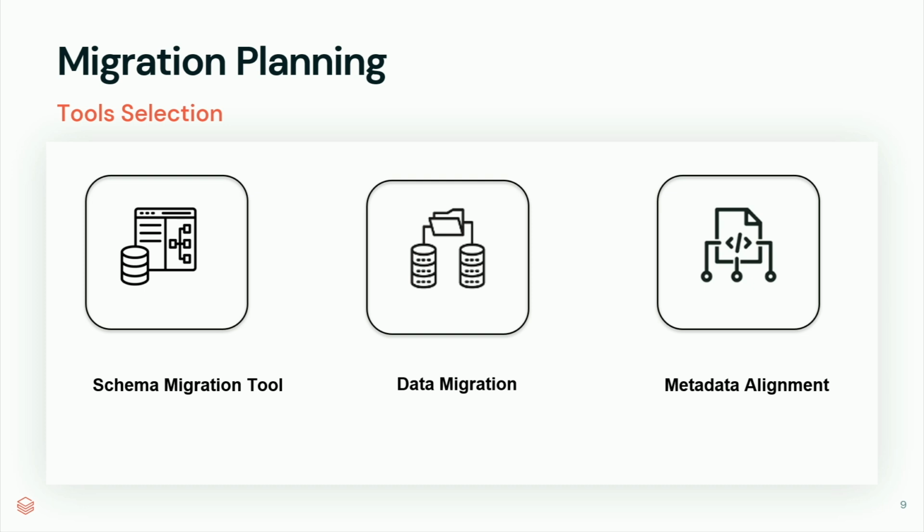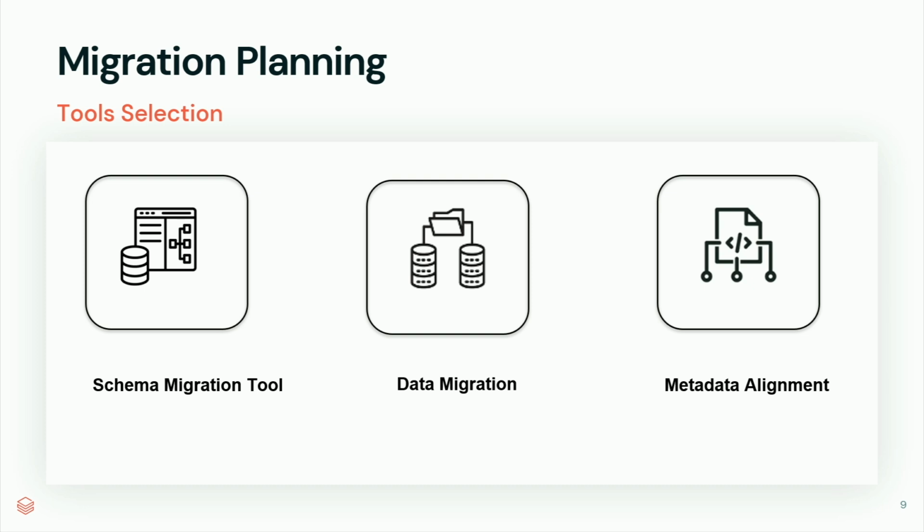And finally, the metadata tool did its magic. As all of you are familiar, Databricks has Unity Catalog. So Unity Catalog became the meticulous catalog of the new system, carefully transcribing every view, function, and all the access rule info that we used to have. Everything was moved over, right?